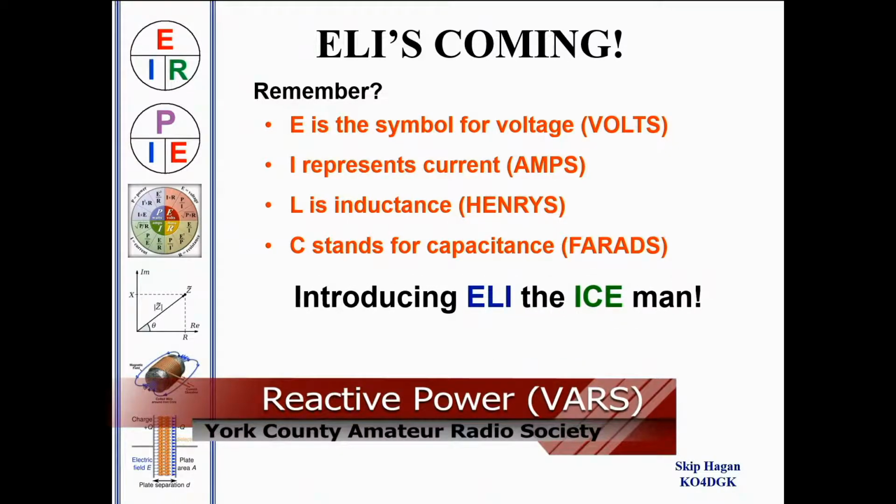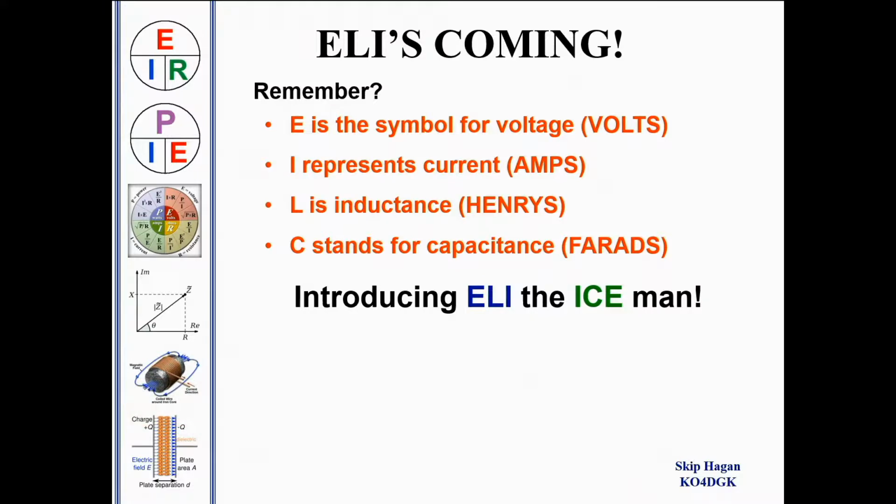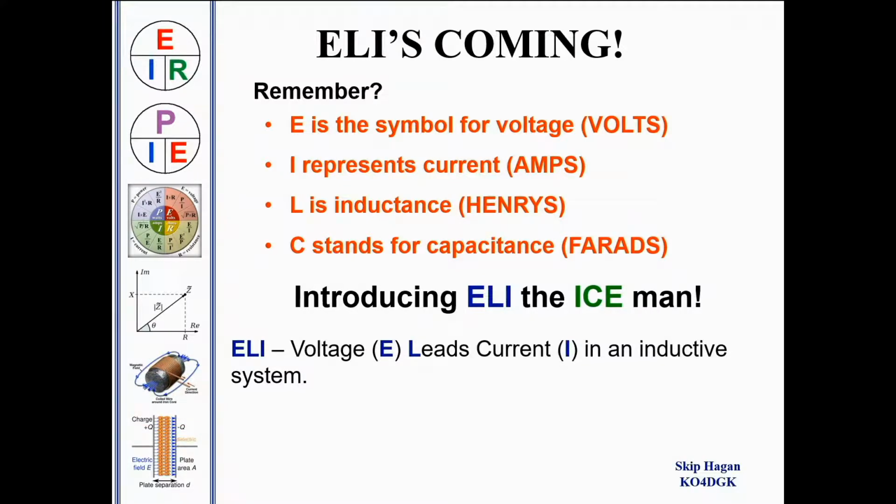So let me introduce you to Eli, the Iceman. Eli is an easy way to remember that voltage leads current in an inductive system. Because we have the L in the middle, it reminds us that this is an inductive system, and voltage comes before current.